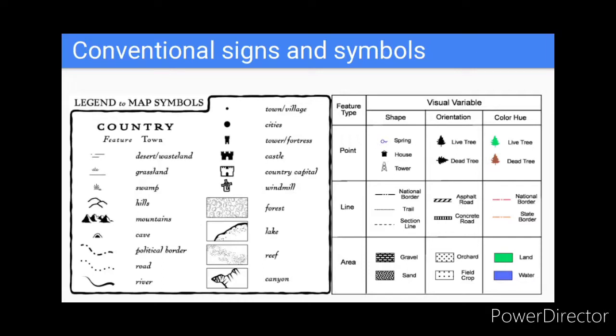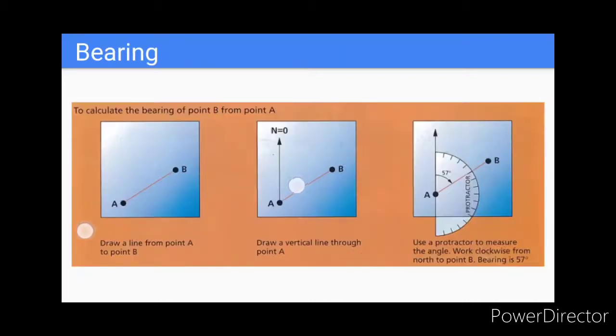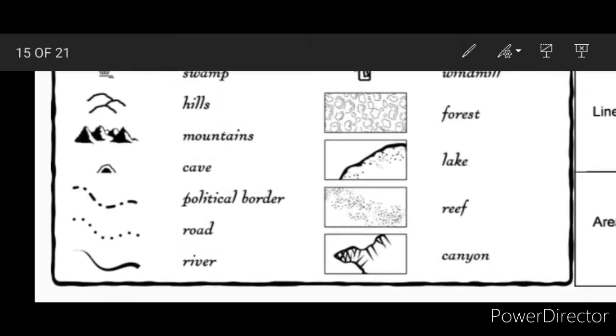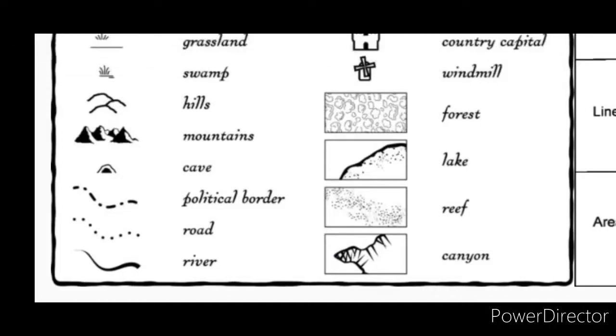So for deserts and wastelands, grasslands, swamps, hills, there is this symbol. Then for mountains, for caves, these are the symbols for that particular thing. Political border, road. If there is a road passing there, you will find these dotted lines.